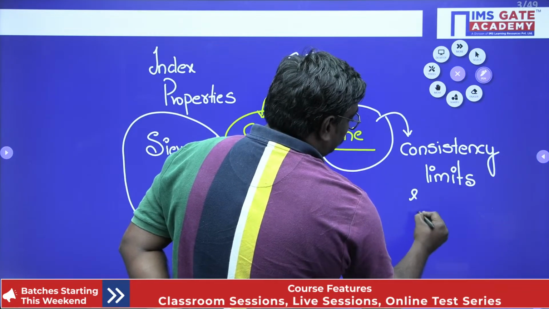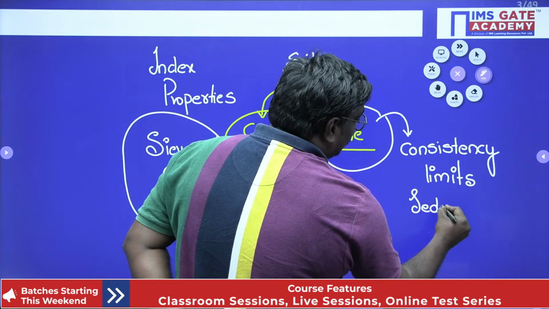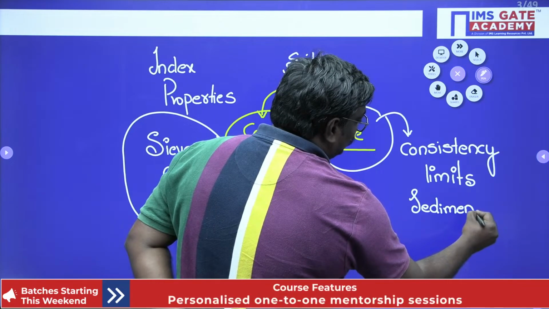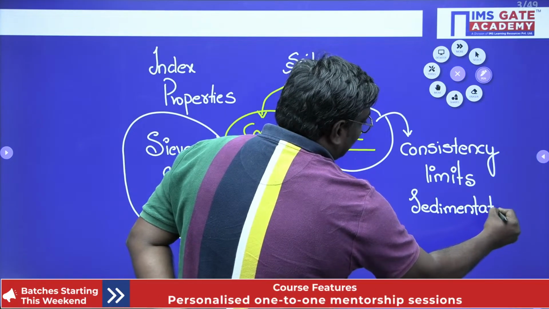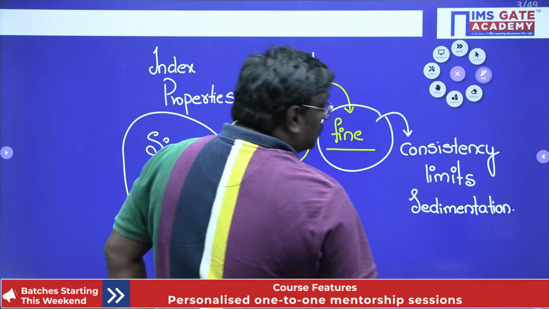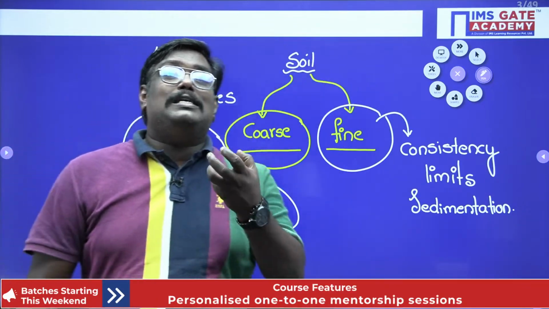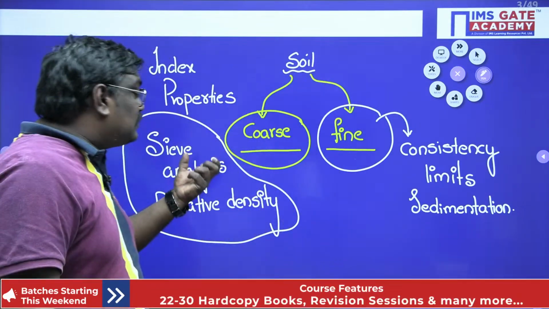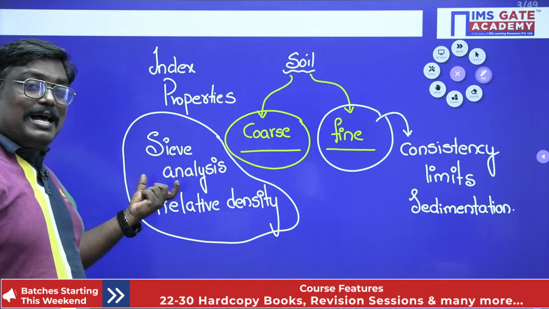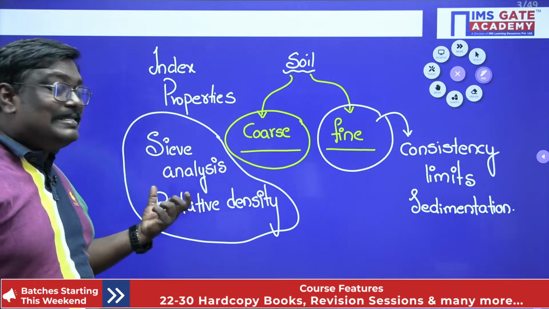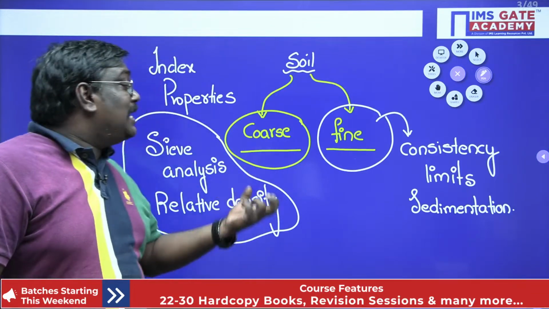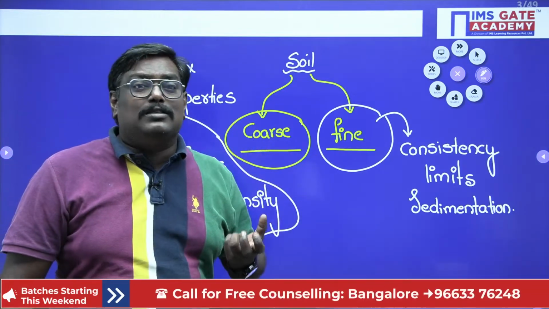sedimentation analysis. So broadly soils are classified into two parts, my dear students. One is the coarse grain, another one is the fine grain. Sieve analysis and relative density are the properties which help you for the classification of the coarse grain.